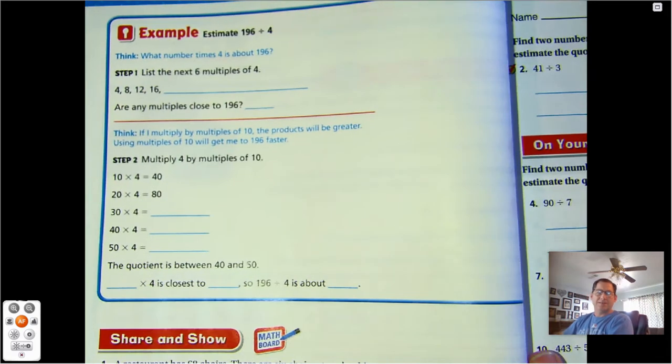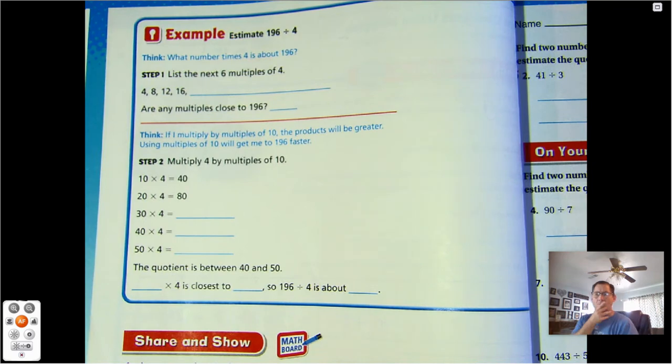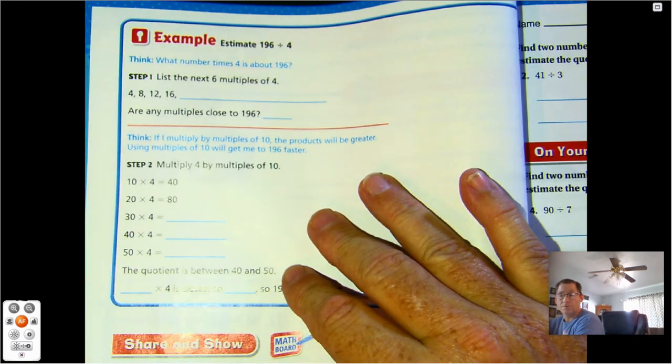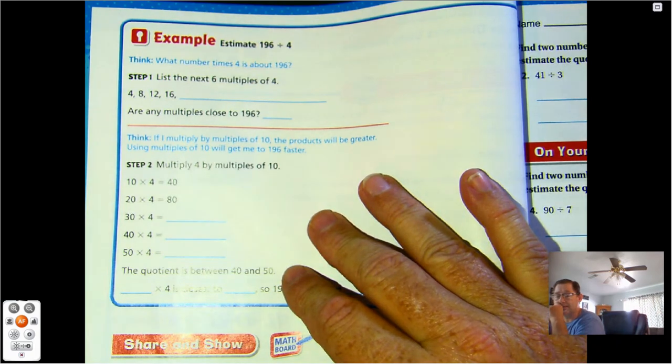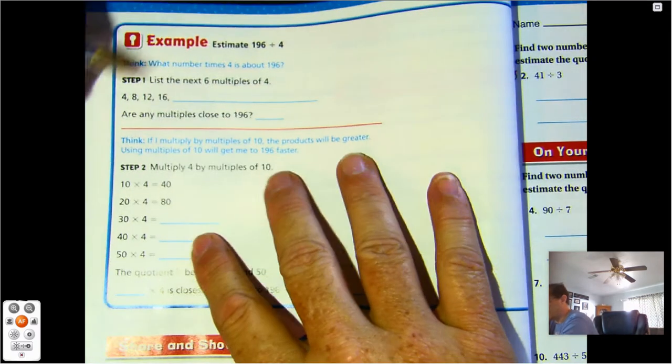And we chose the one that was closest to our number. All right, so let's look at some more. And so let's estimate 196 divided by 4. Wow, okay. So what number times 4 is about 196? Well, let's start with the next 6 multiples of 4.